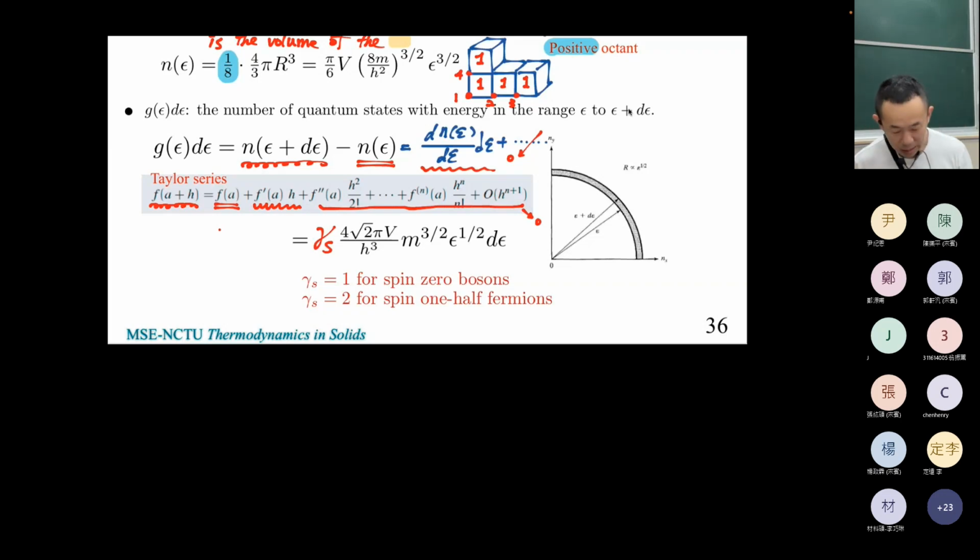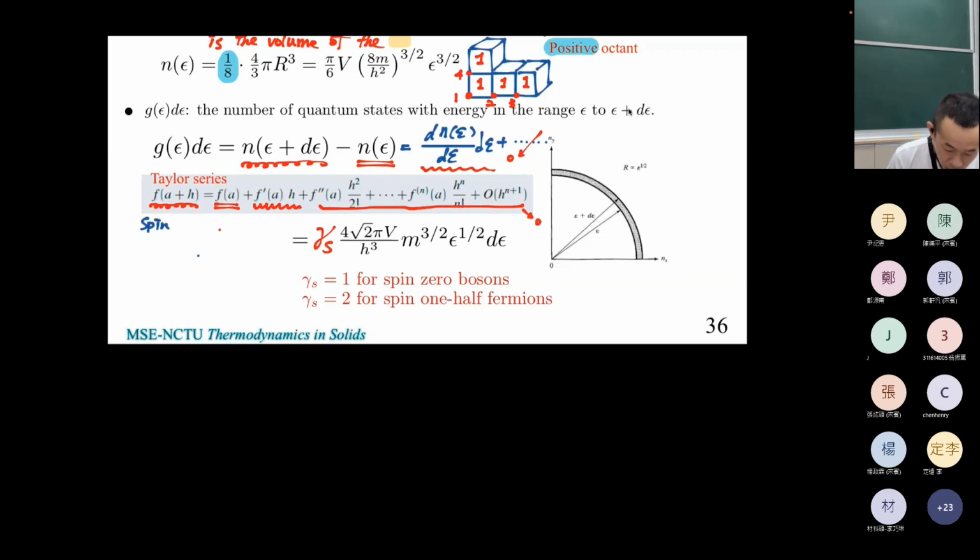What is gamma s? This is related to spin. So when you have a different wave number for each energy level, but actually there are still have some alternative choice for specific material.